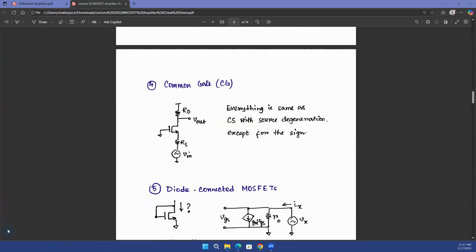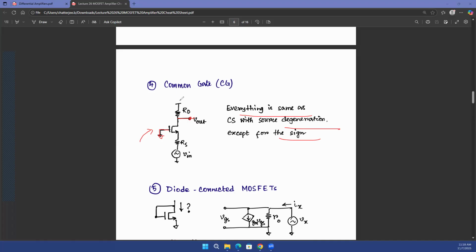Common gate, everything is the same as common source with source degeneration, except for the sign. Why? Because for common gate, you're applying your input at the source, you're grounding your gate, and you're looking at the output at the drain. In common source, you had applied your input at the gate, grounded your source, and looked at the output at the drain. So what really changes between common source and common gate?